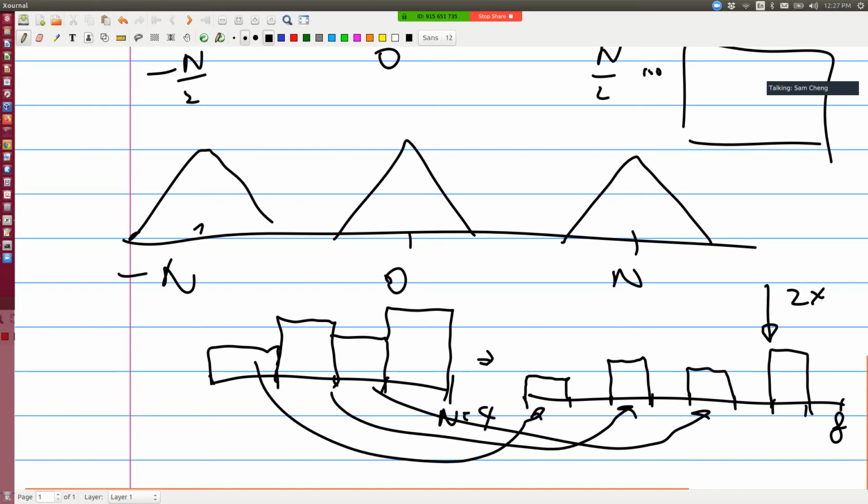So then for this upsampling, what do you expect for the frequency representation? What does it look like in the frequency domain? Do you know? It's gonna grow tall and slim.